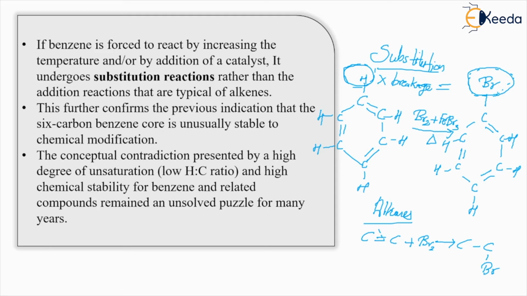This further confirms the previous indication that the 6-carbon benzene core is unusually stable to chemical modification. The conceptual contradiction presented by a high degree of unsaturation, which is low H to C ratio, and high chemical stability for benzene and related compounds remained an unsolved puzzle for many years.